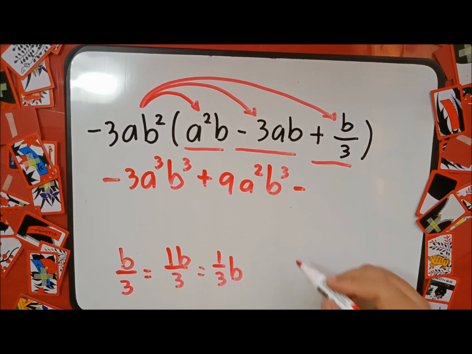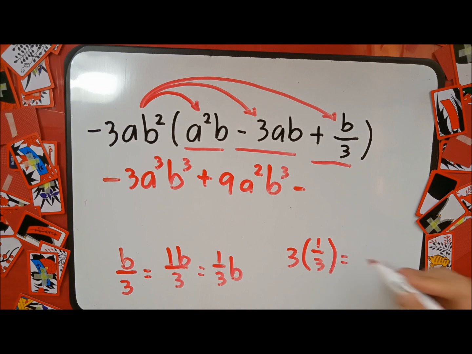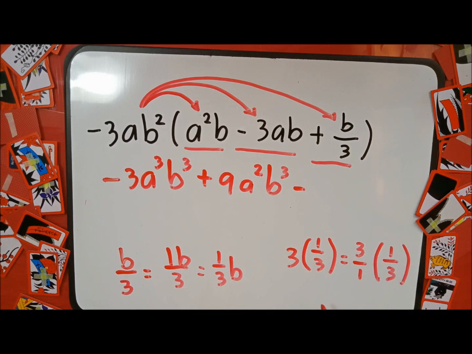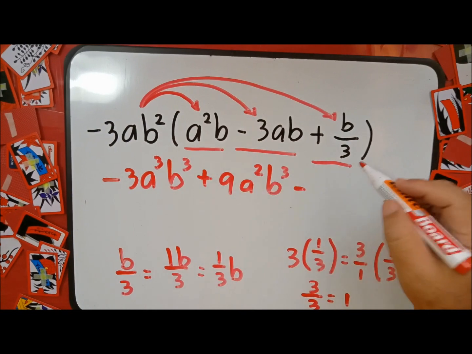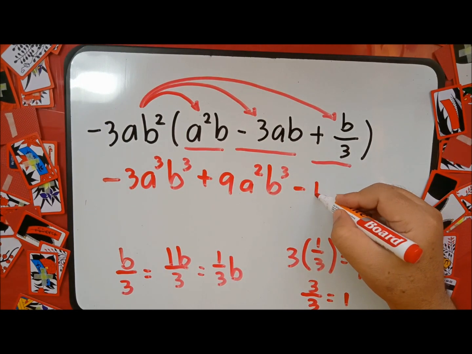And if you multiply 3 to 1/3, it's the same as 3 over 1 times 1/3. And what is the rule? Numerator times numerator, 3 times 1 is 3. Denominator times denominator, 1 times 3 is 3. And 3 over 3 is equal to 1. So 3 times 1/3 is equal to 1.